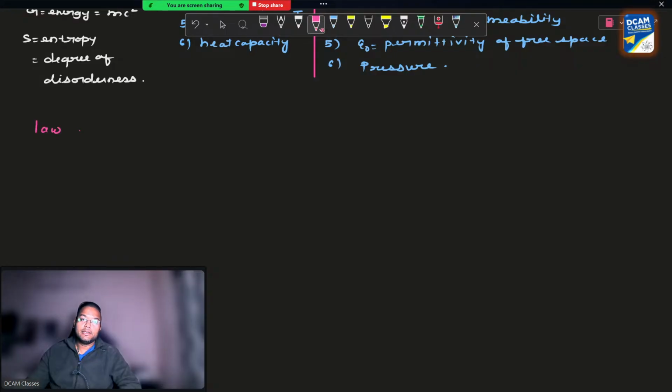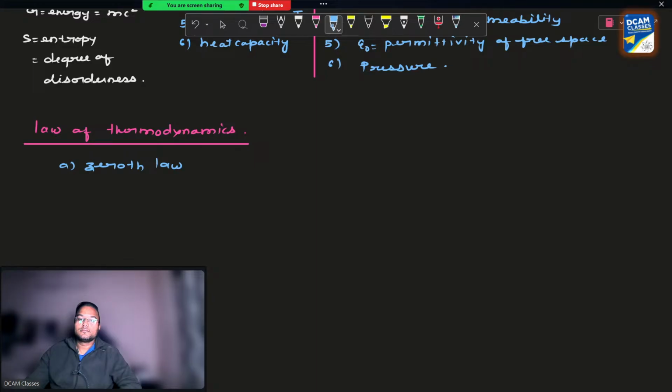Thermodynamics is governed by the laws of thermodynamics. There are actually 3 laws. First is the zeroth law. Second is the first law. First law is very important.